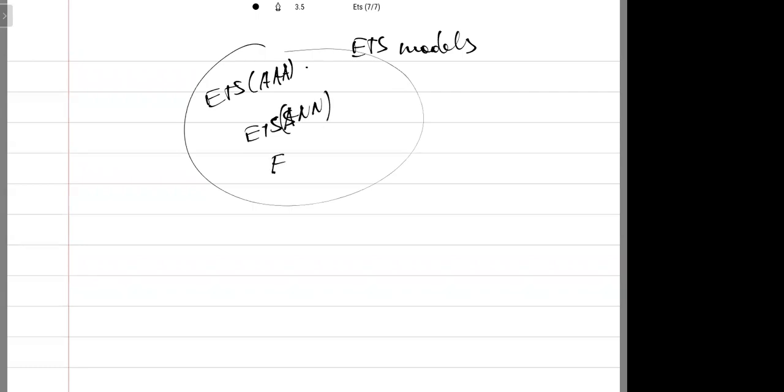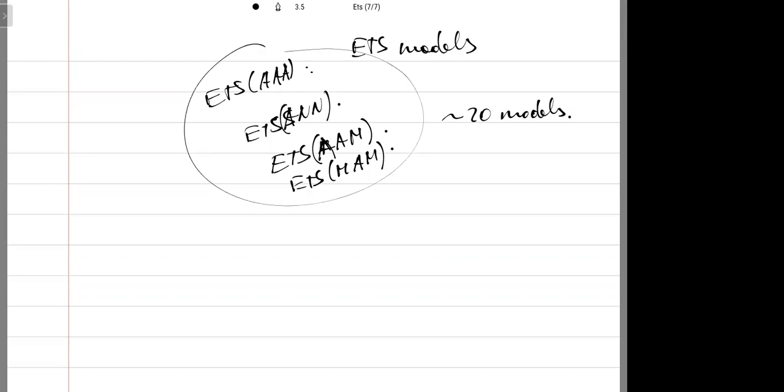You can combine multiplicative and additive. So you can add the seasonality, but multiply by its strength. So you can say something like AAM, or you can have ETS MAM. So that's a whole set of models, roughly 20 models.